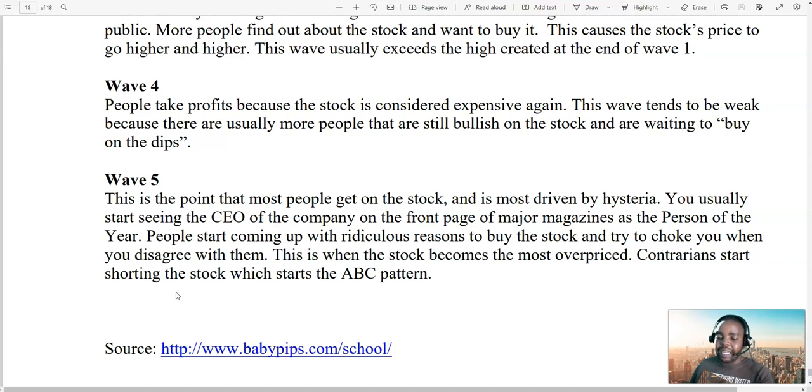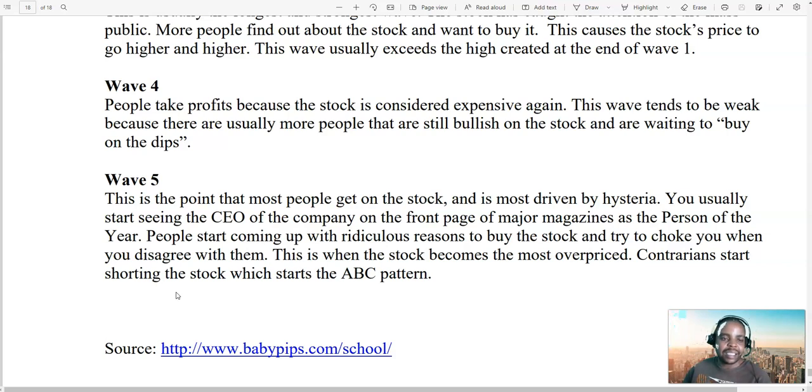That psychology has affected a lot of people, causing the market to go down. This is the final stage, but that is for the bearish trend, but it also applies for the bullish trend. But this one is for positive hysteria as implicated. This is the point where most people get on the stock and is most driven by hysteria.